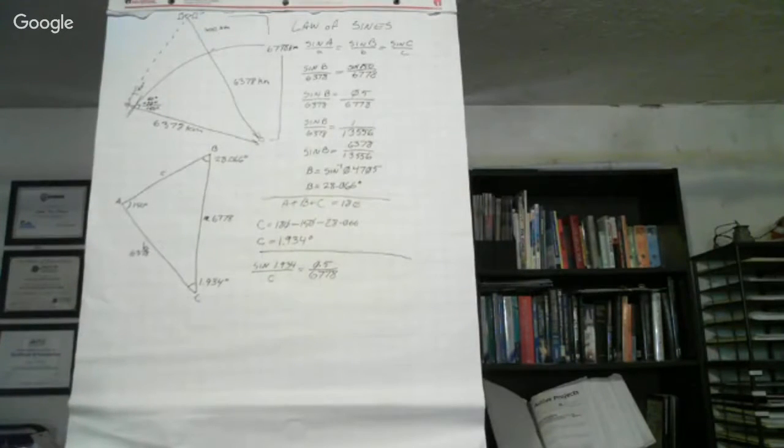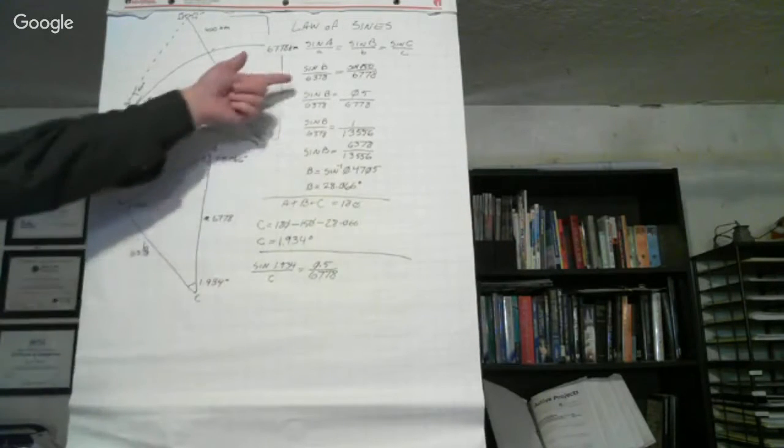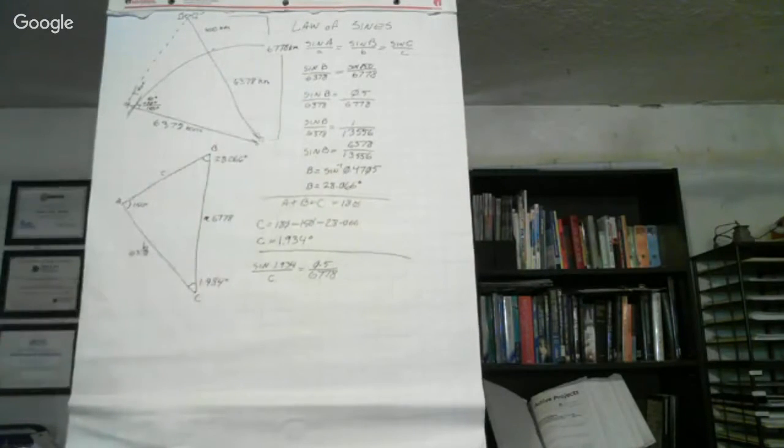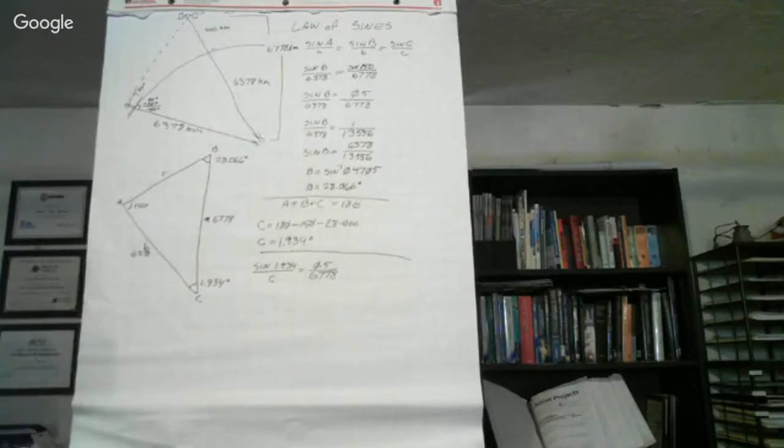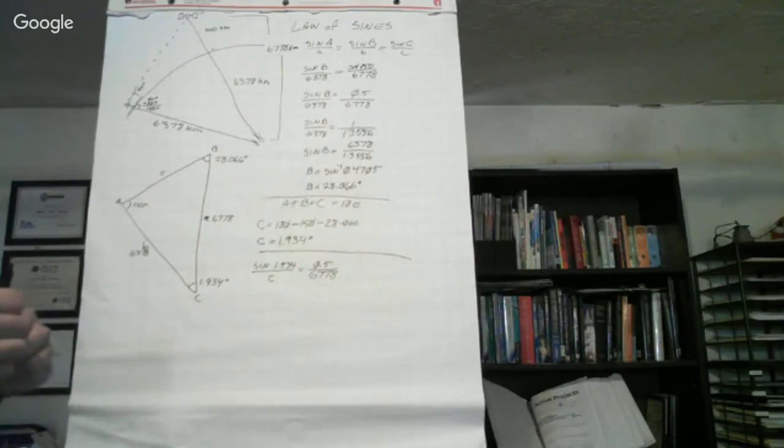From this point, we solve. But it's a little bit more complicated because instead of solving for the numerator, we're working on the denominator, which is a thing. So the next step is to do some reduction.